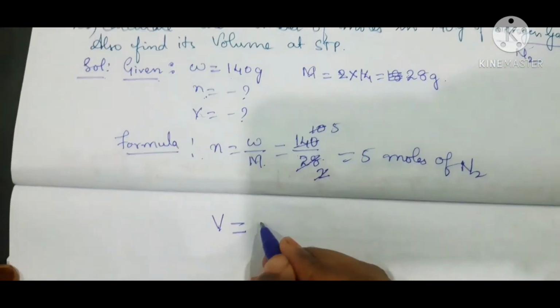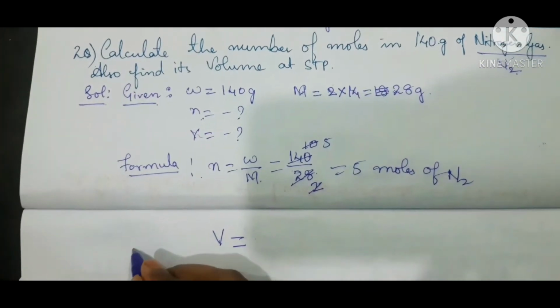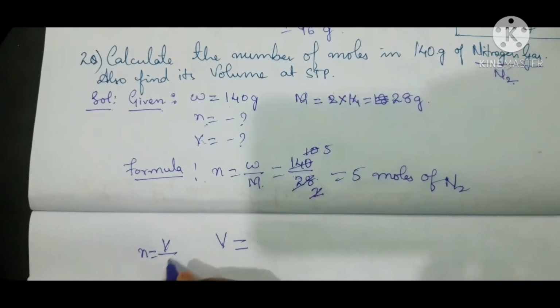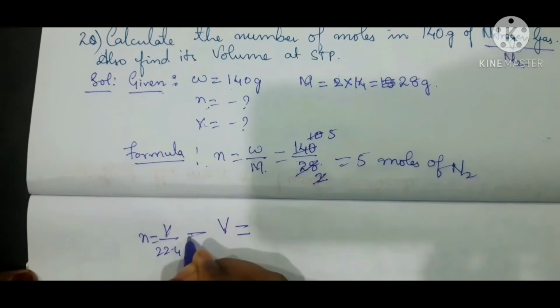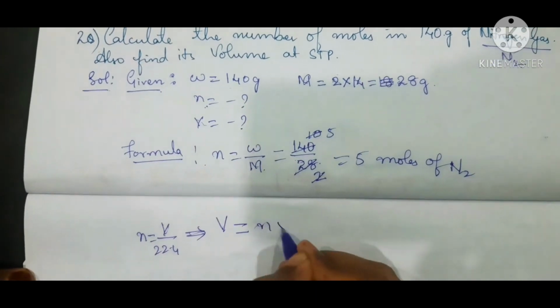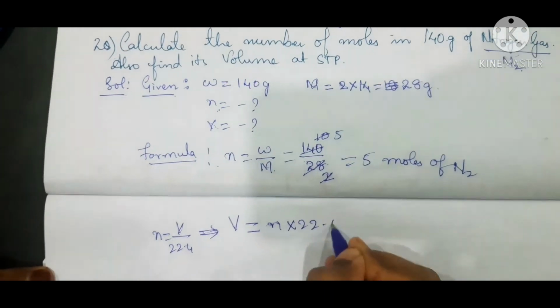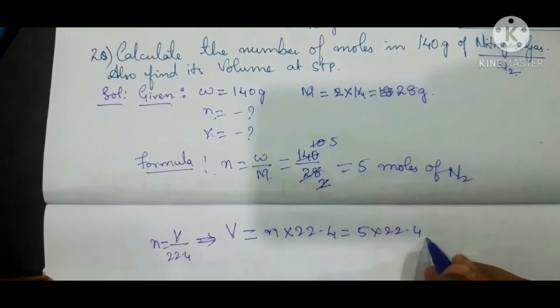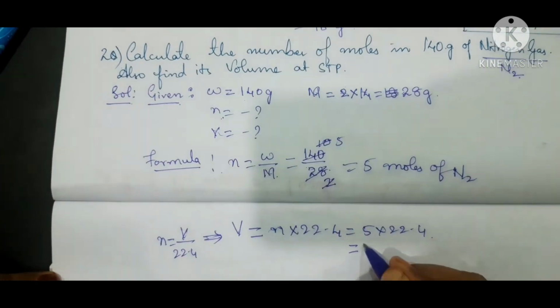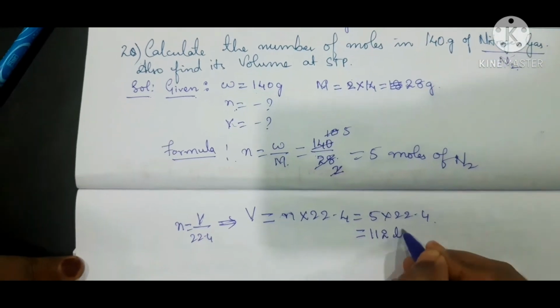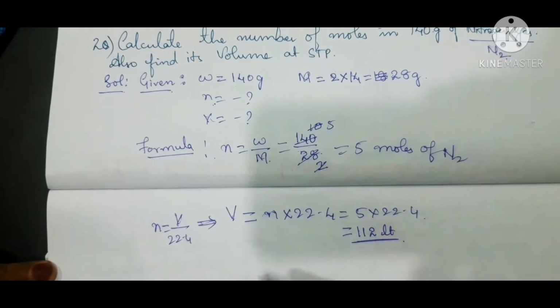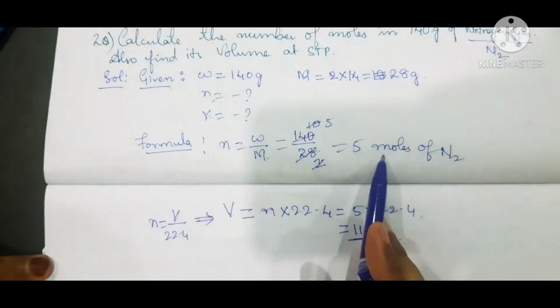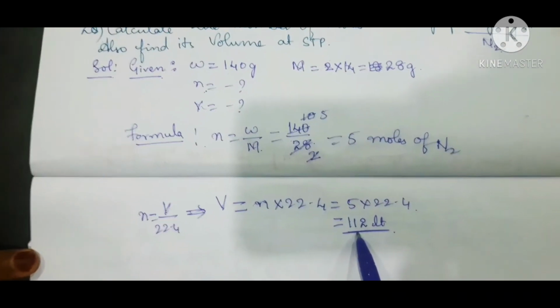We know the formula: n is equal to V by 22.4. Let me rearrange this: V is n into 22.4, which is 5 into 22.4, equal to 112 liters. Therefore the number of moles is 5 and the volume is 112 liters.